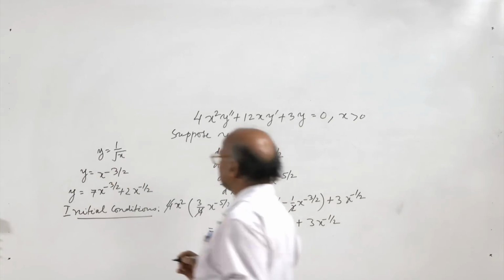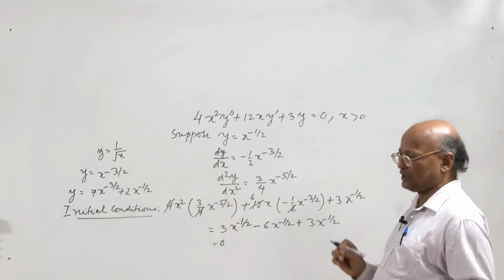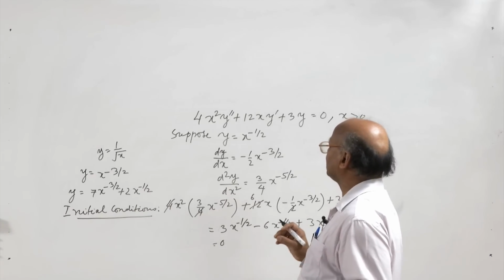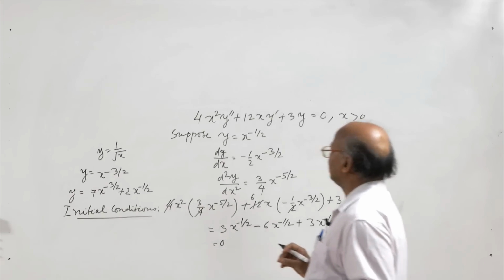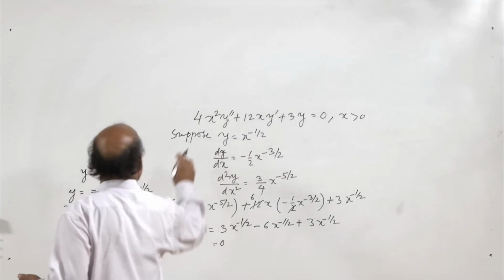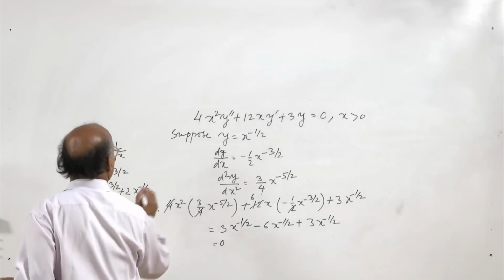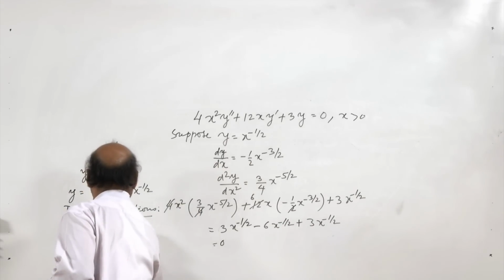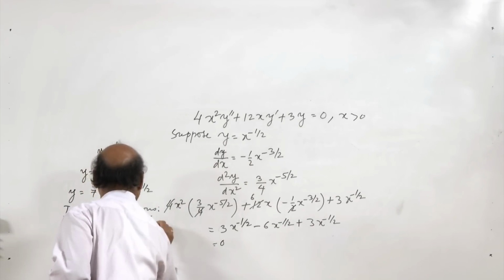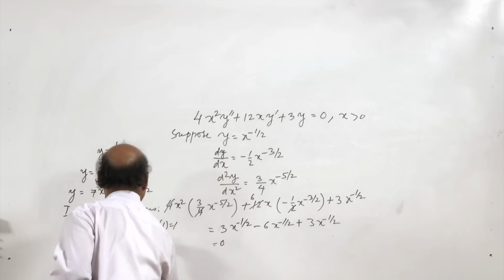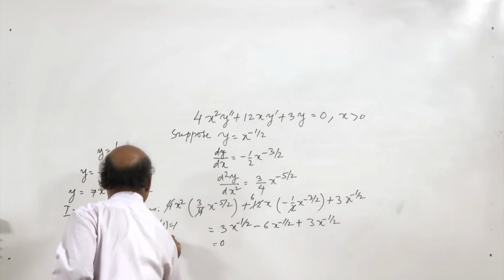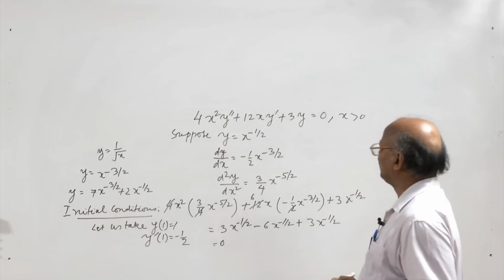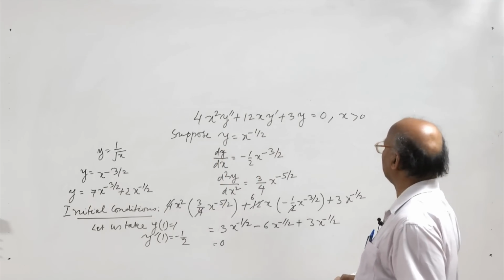So, initial conditions are conditions put on the solution so that we can obtain the particular solution we are looking for. For example, suppose in this given differential equation we put the conditions y(1) = 1 and y'(1) = -1/2.